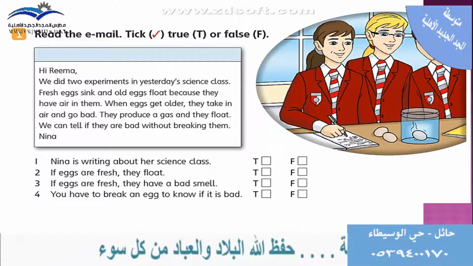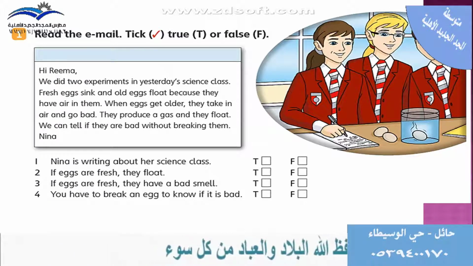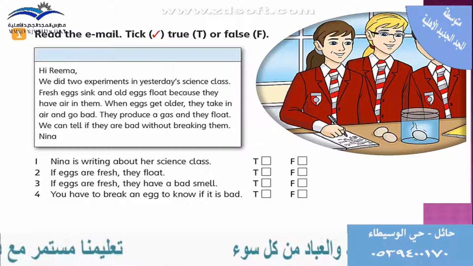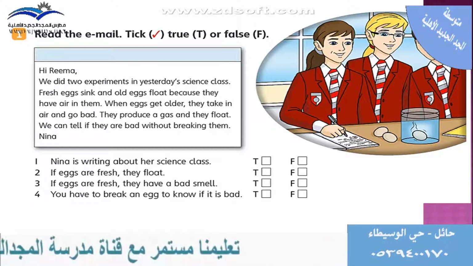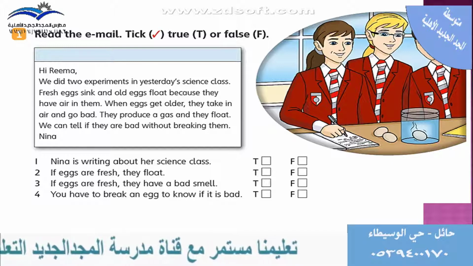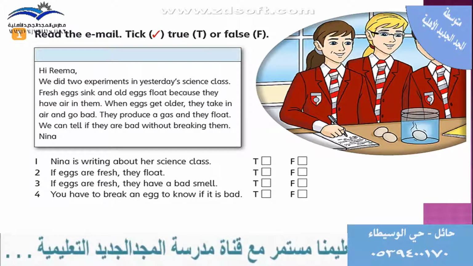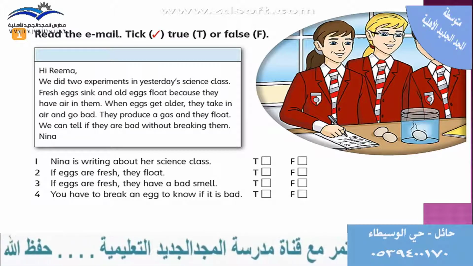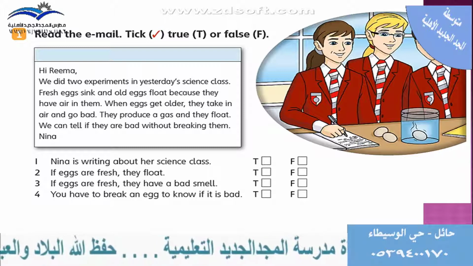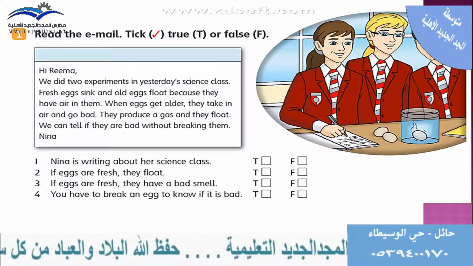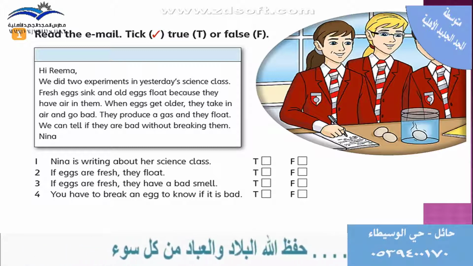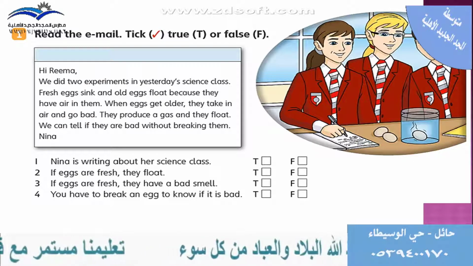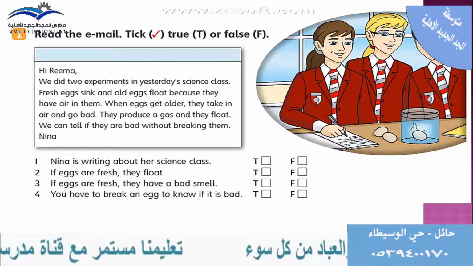Now my dear students, we are going to read this email and we are going to take T for true and F for false. Hi Rima, we did two experiments in yesterday's science class. Fresh eggs sink and old eggs float because they have air in them. When eggs get older, they take in air and go bad.